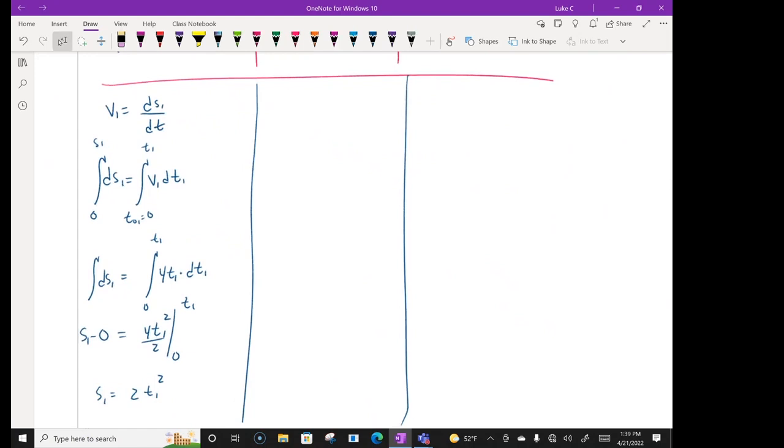Okay. So this is still the same fundamental equation. What are our limits on the left?